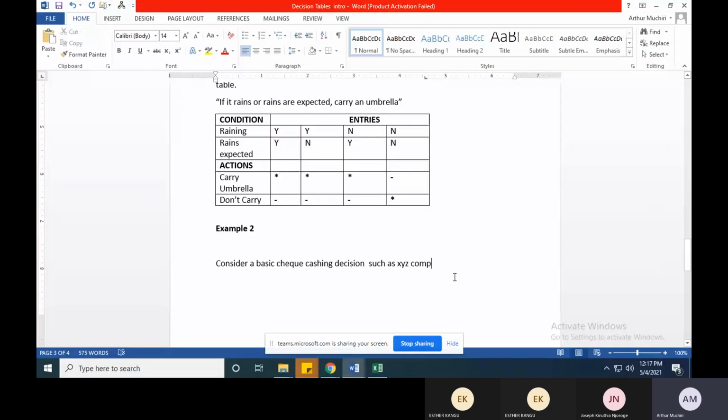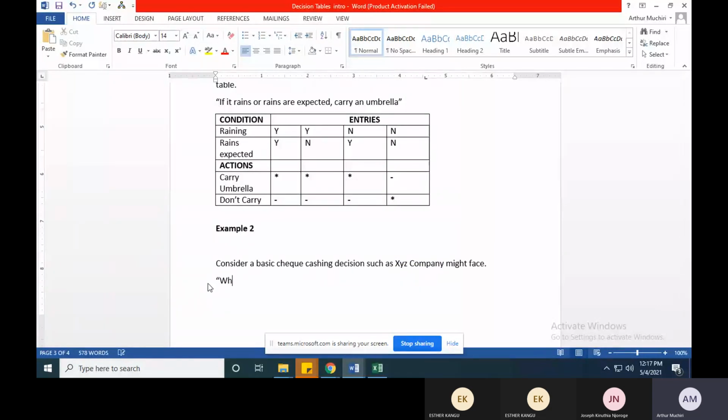So consider a basic check caching decision such as XYZ company might face. This is what is happening in this company.